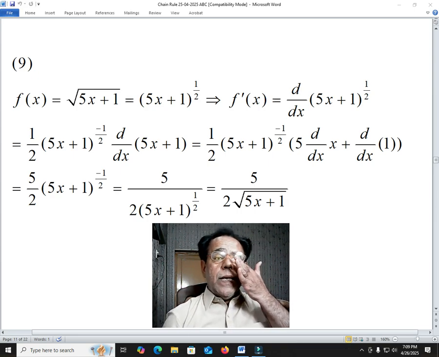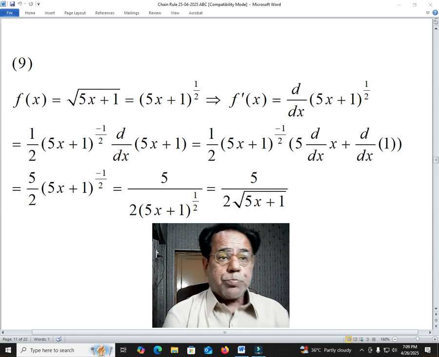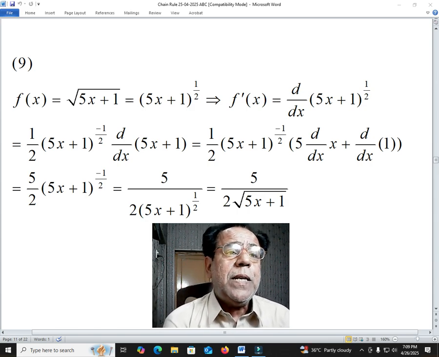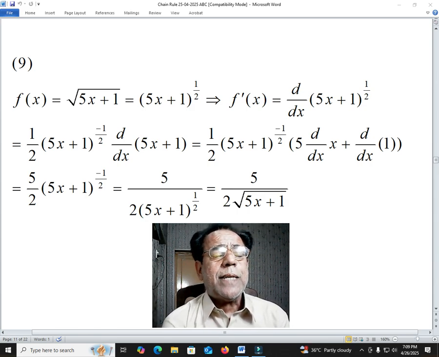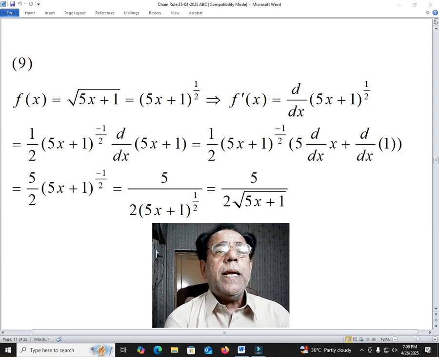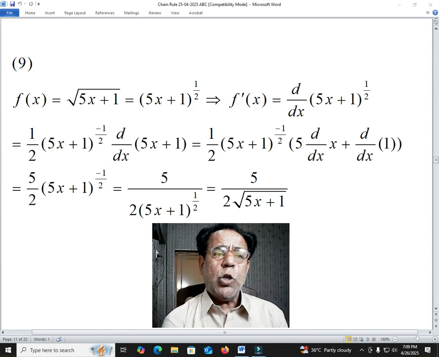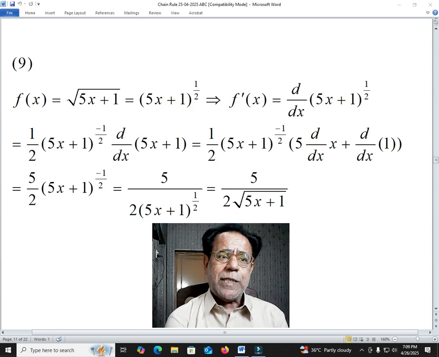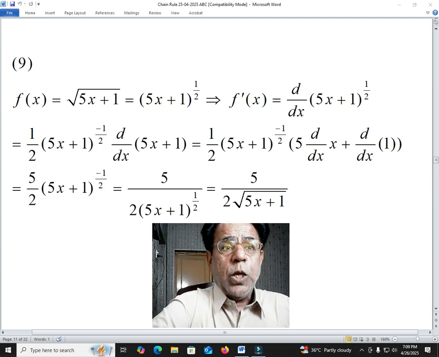Dear students, here in the next step we will distribute d over dx over the two adding terms. Moreover, 5 is a constant, so 5 should be written prior to d over dx, because differentiation is going to apply only to x.